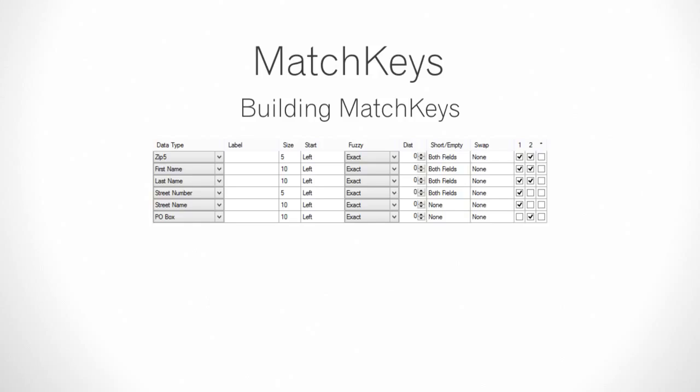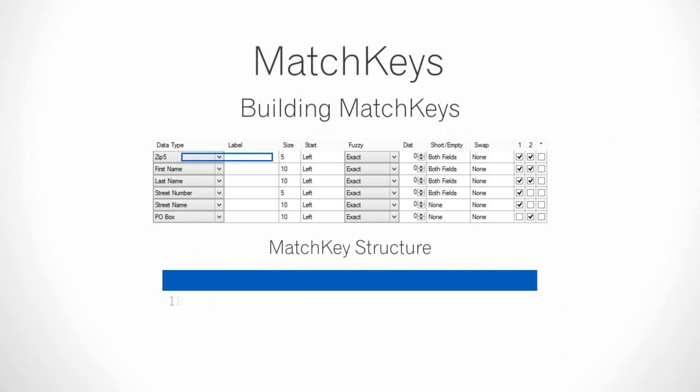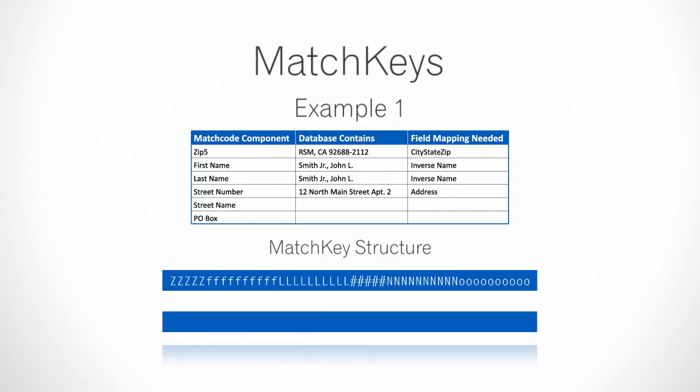So the match key structure that we would have from this match code: the first 5 characters from zip5, the first 10 characters from first name, the first 10 characters from last name, the first 5 characters from street number, the first 10 characters from street name, and the first 10 characters from PO box. Now the easiest way to get this is with examples. So let's go on to example number 1.